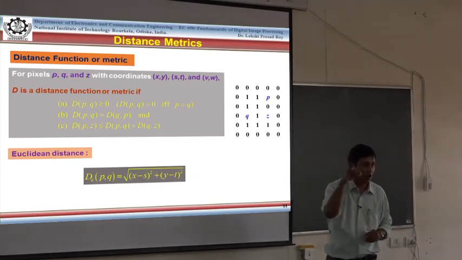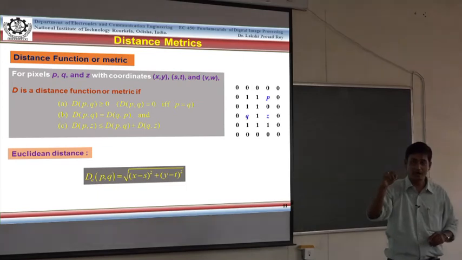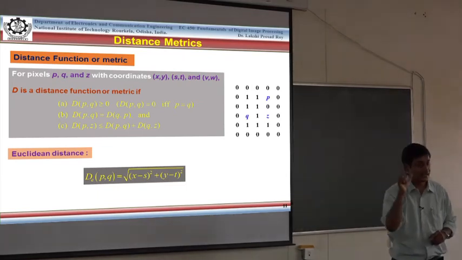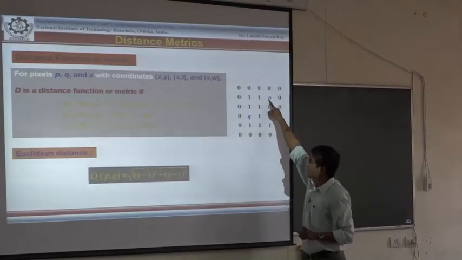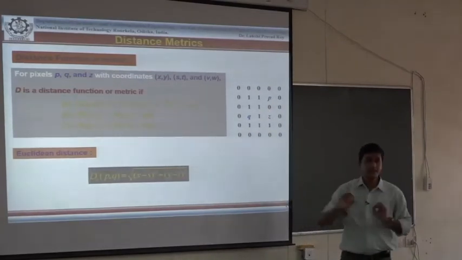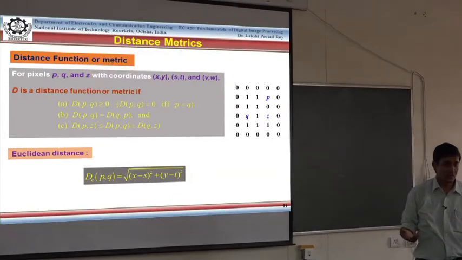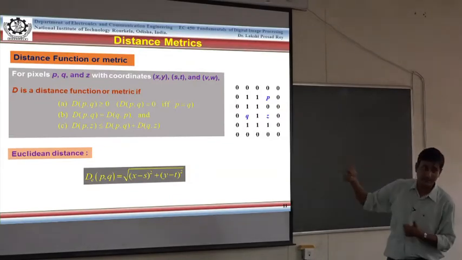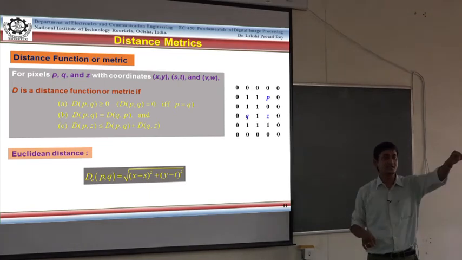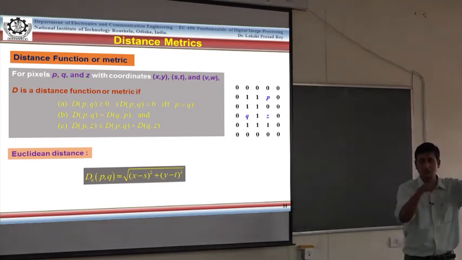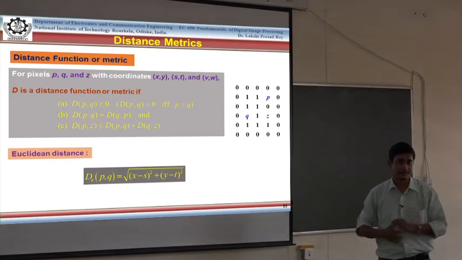A coordinate of interest p, p within brackets x, y. That x, y I am talking about. So, for p it is x, y, for q it is s, t and this is v, w. This is known to us, or our system knows the location of individual pixels because it knows its dimension and its arrangement of the x, y values from 0 to m, n.